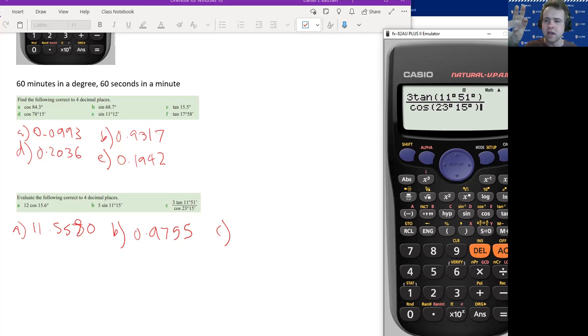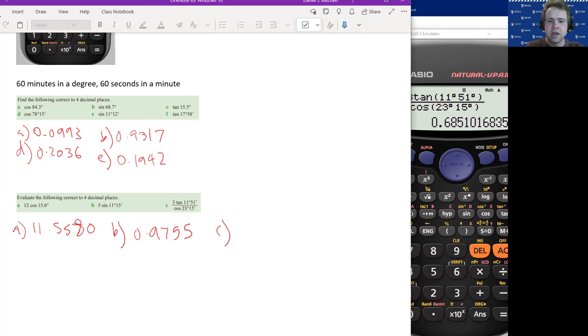You put an angle inside the brackets, it spits out a ratio. We'll talk about exactly what that is more as we do this trig topic, but if you can use your calculator, then you're on the right track. So we put our whole thing in there, we made sure we closed our brackets, and we get our answer, 0.6851.